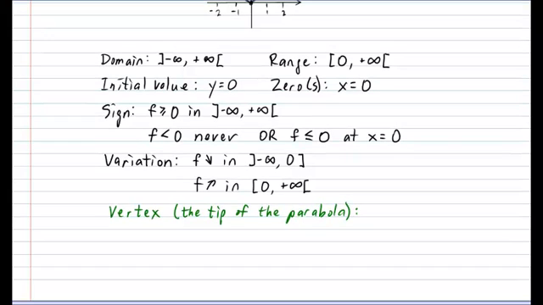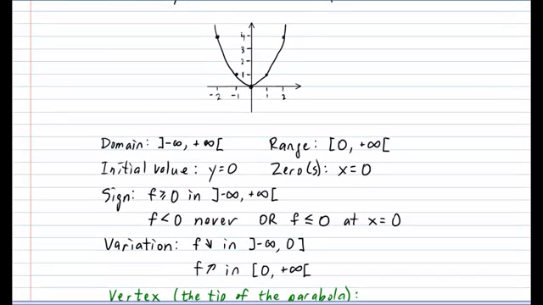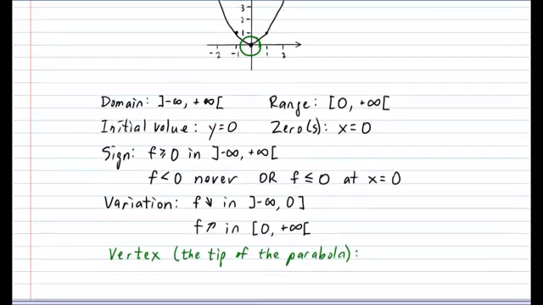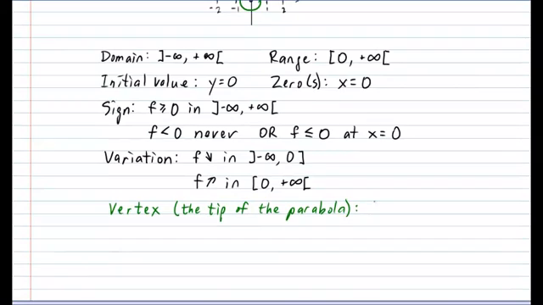Now, if you take a look at our basic parabola very carefully, the tip occurs right over there. And when we want to identify the vertex, we want to identify its entire coordinate. So in the basic parabola, the vertex occurs at point 0, 0. So let's identify it.